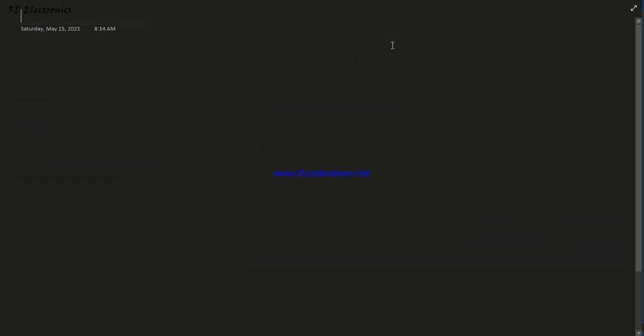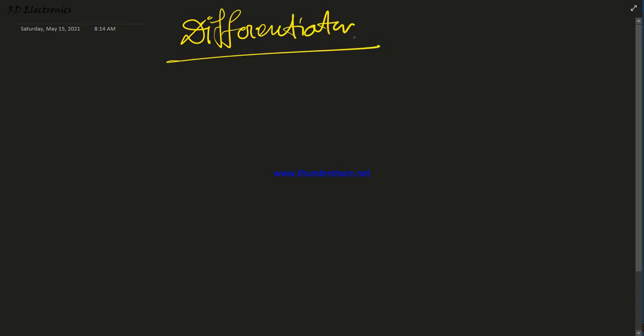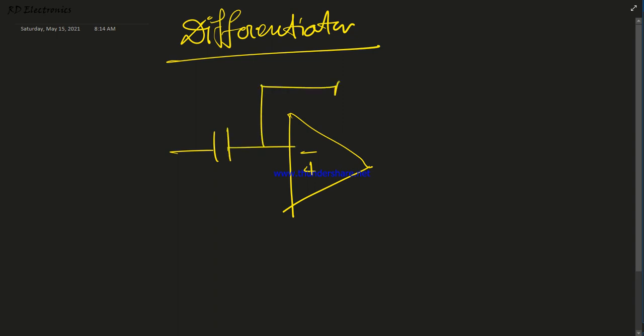Now in the next part we talk about the differentiator. What is a differentiator? We just interchange the positions of the capacitance and the resistance.